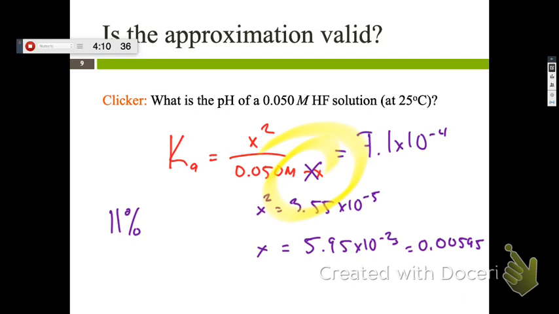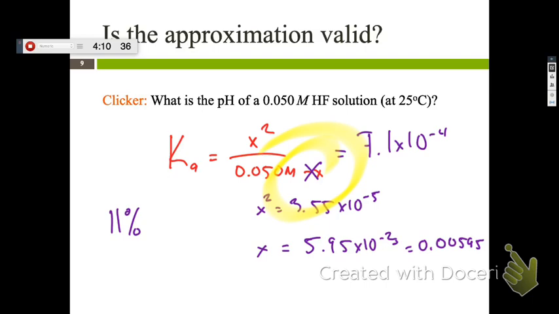Do you want to hear a really cool way that you can get around the quadratic, though? Even if our approximation is not valid, you can do something called the law of successive approximations, where you take this number and plug it in here, and solve for x.